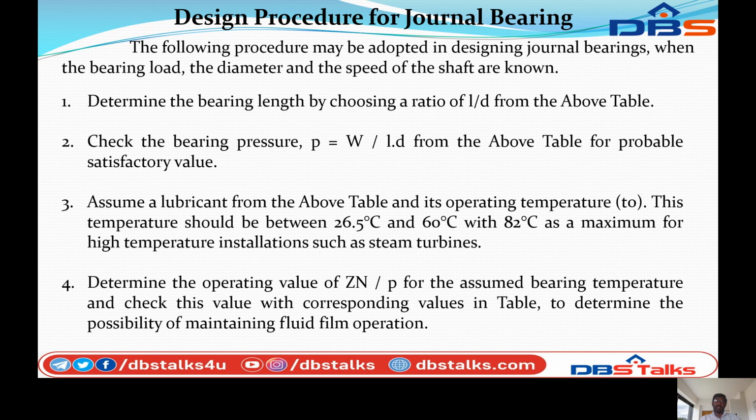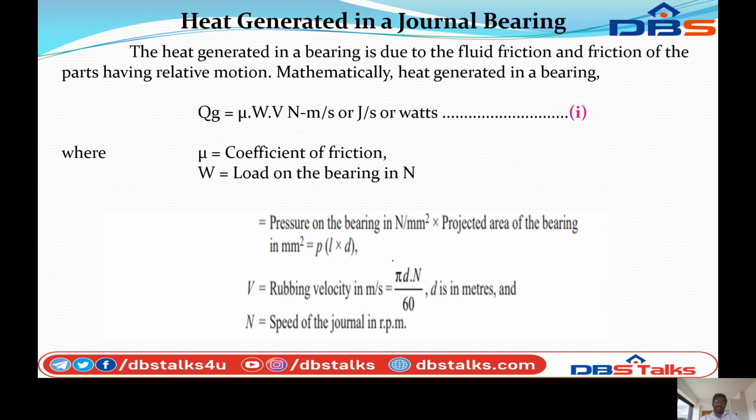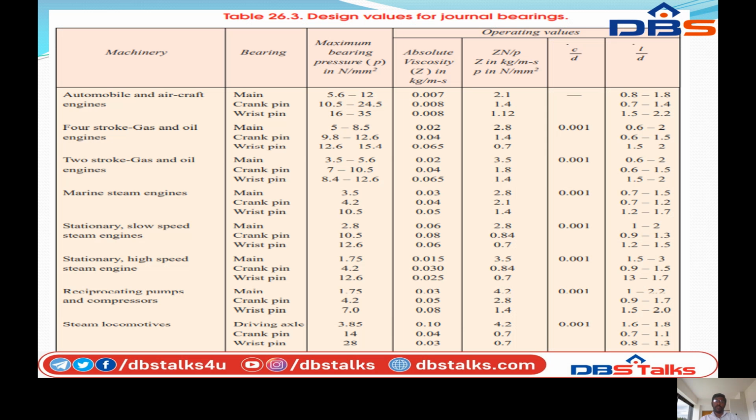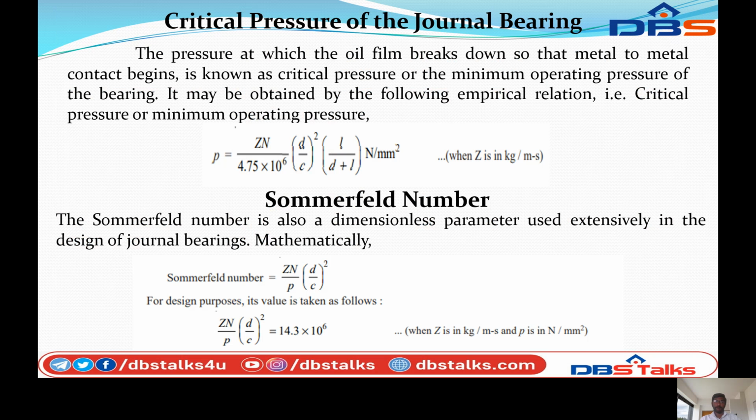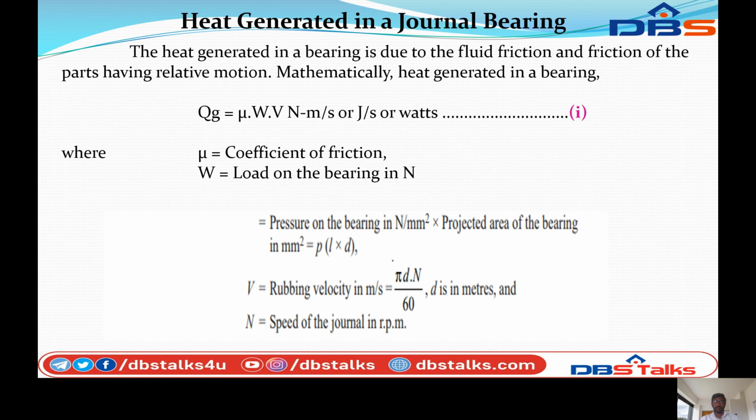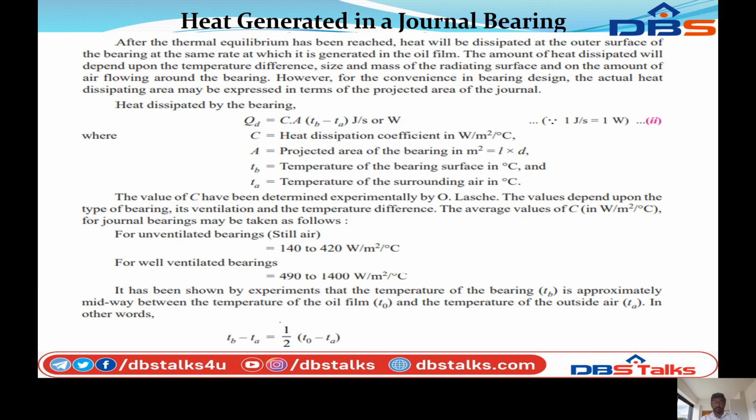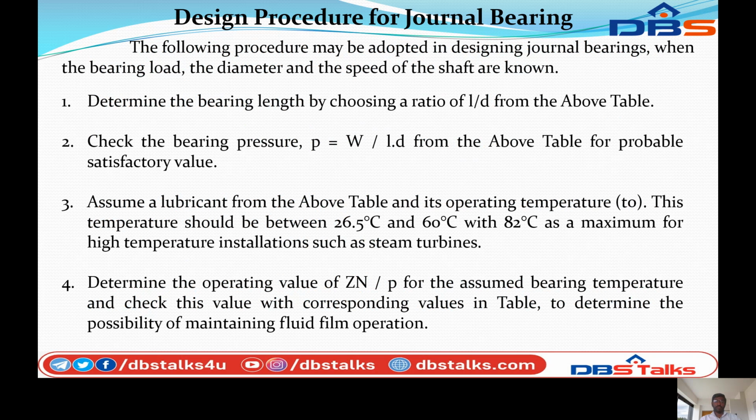So first of all, you determine the bearing length by choosing the ratio L by D from the table, which is in the second slide. This tabular column gives L by D for the bearing diameter and bearing length.